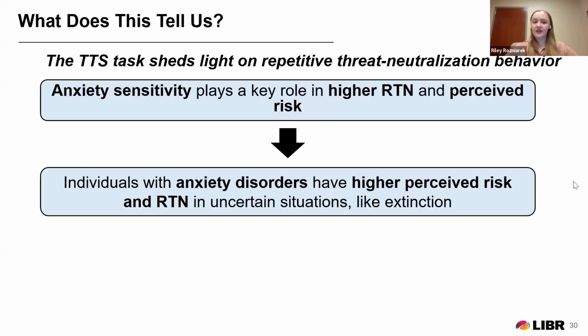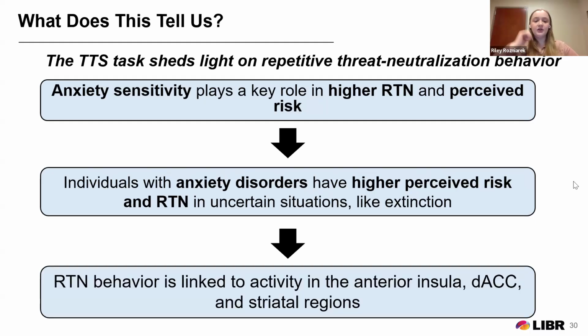And then we also saw that in individuals with an anxiety disorder diagnosis, they had higher perceived risk and higher engagement in repetitive threat neutralization, particularly in uncertain situations like extinction, where we had taken that threat away.